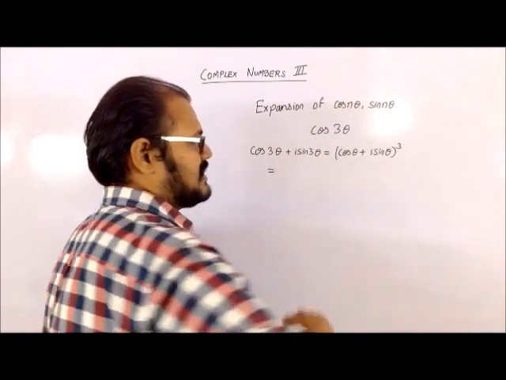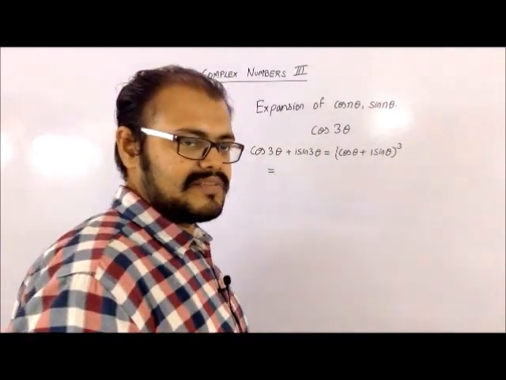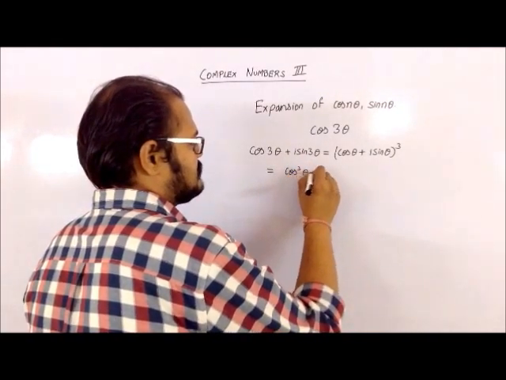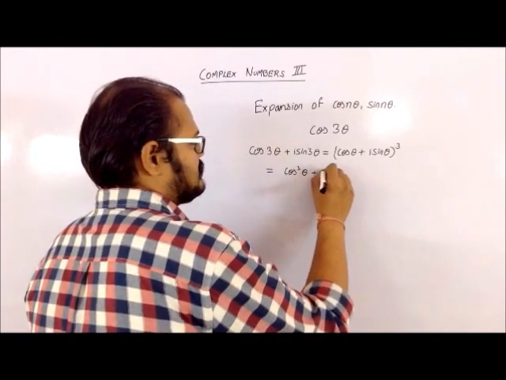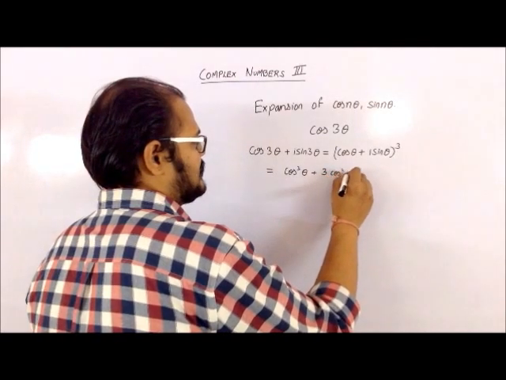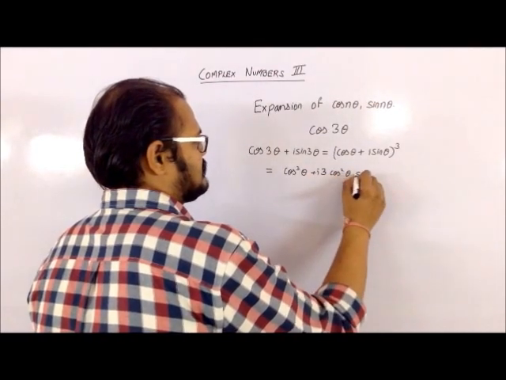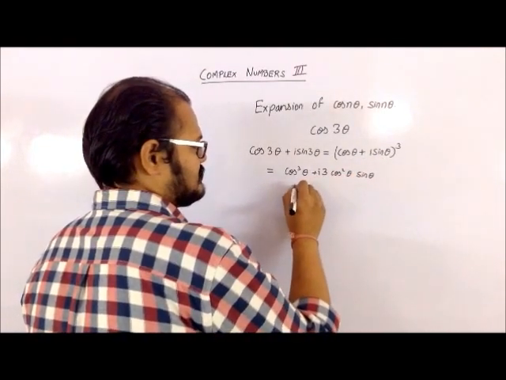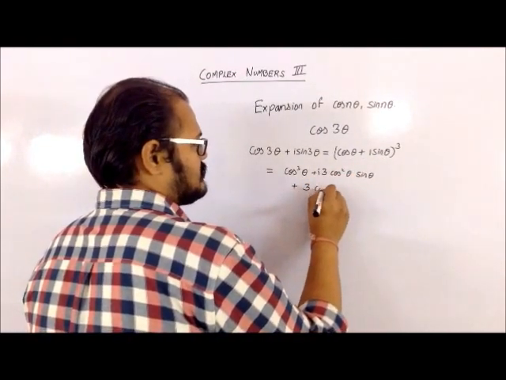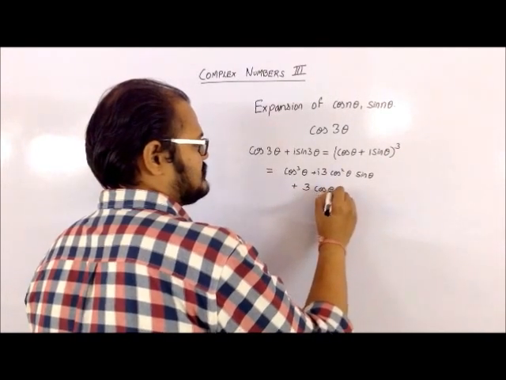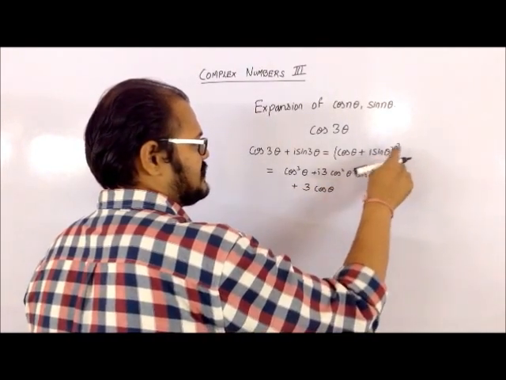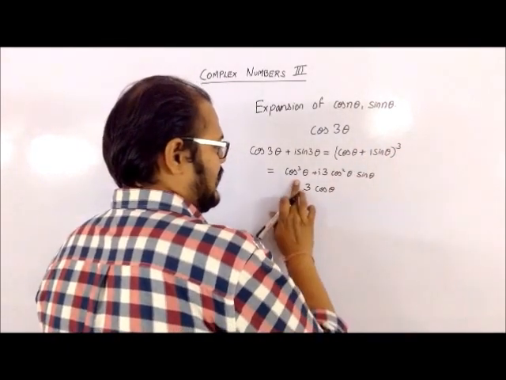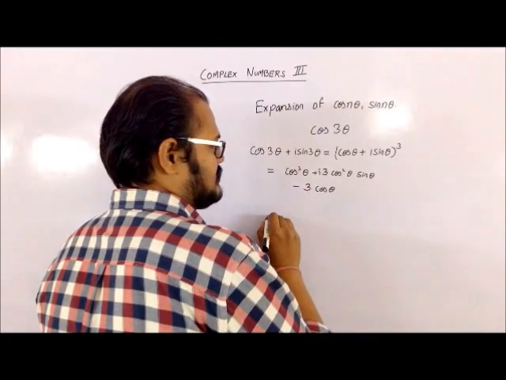So I have to use the (a plus b) whole cube formula over here, which is cos cube theta plus 3 cos square theta with the i sin theta. Next term will be 3 cos theta into (i sin theta) the whole square, which will have i square sin square theta, and i square has value minus 1.